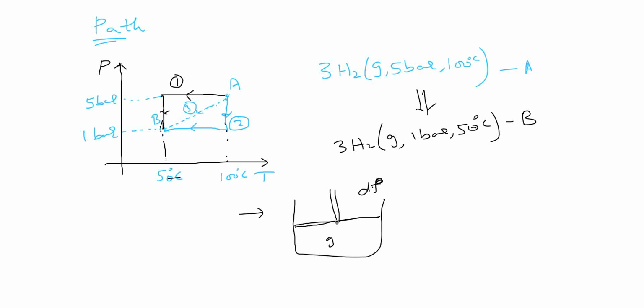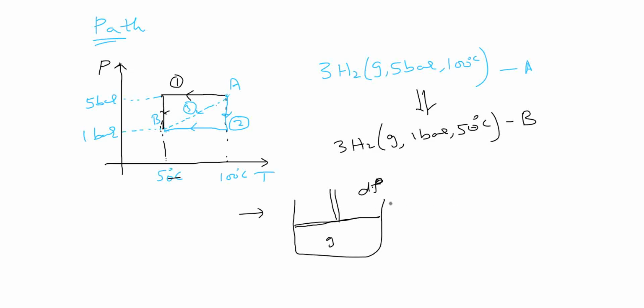This is the reversible path because at any time we can bring back the original state by reversing the process that we are doing.